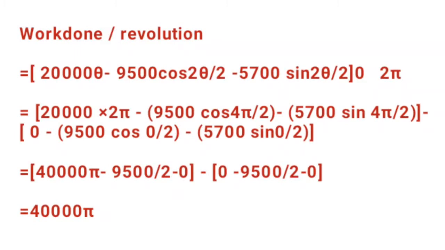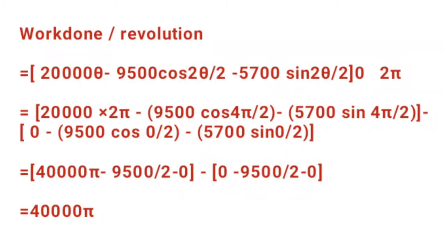So next term is 20,000 into 2 pi, that is 40,000 pi, minus, now what is the value of cos of 4 pi? So cos of 4 pi is equal to 1. If we put cos of 4 pi is equal to 1, then it will become minus 9500 divided by 2, and sin of 4 pi is 0, so the whole term will become 0, so minus 0.